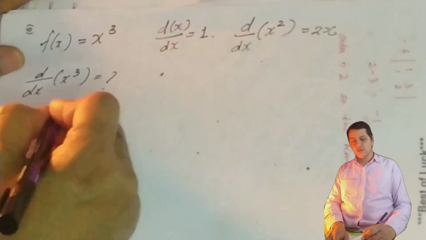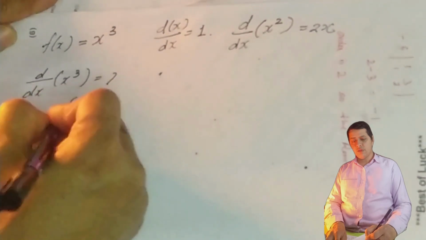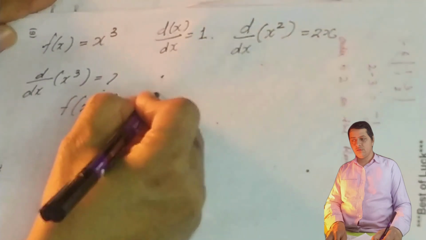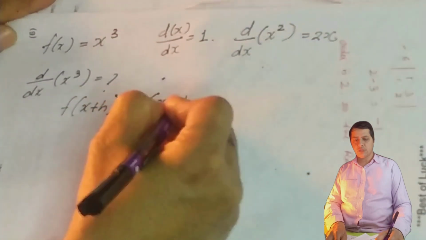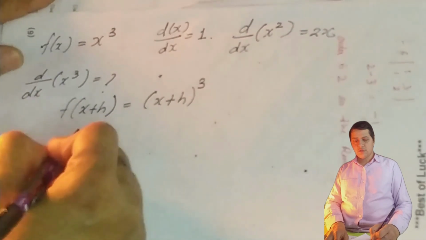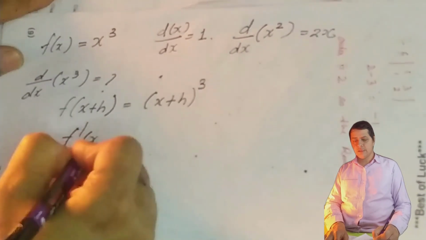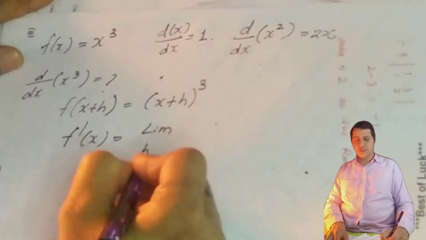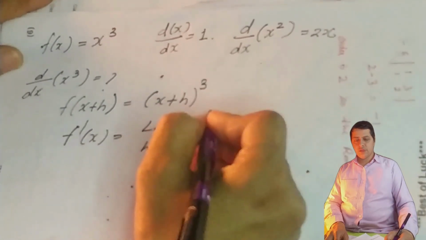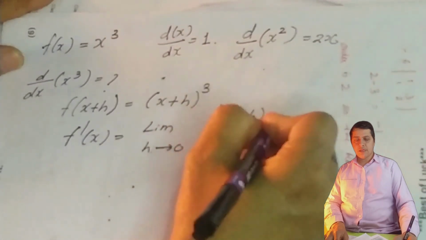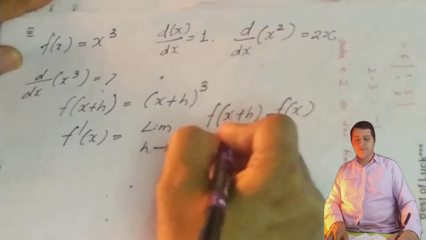Now f(x+h) is equal to (x+h) cube, because this time it is cube. So f prime x is equal to limit h tends to 0, the function f(x+h) minus f(x) by h.